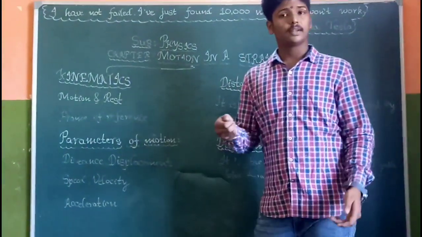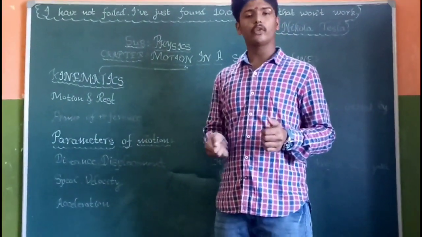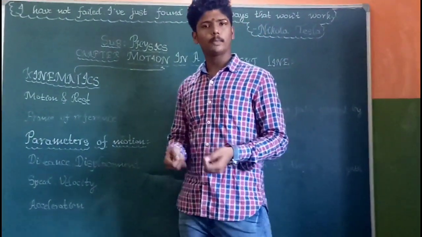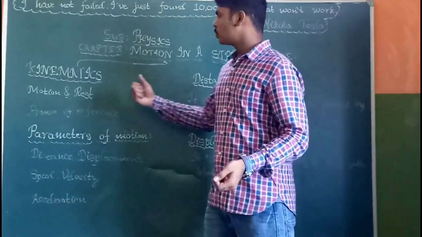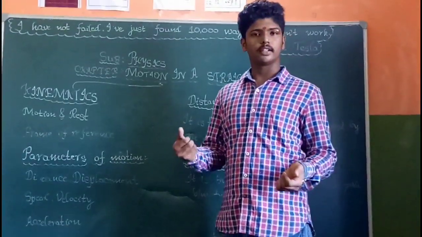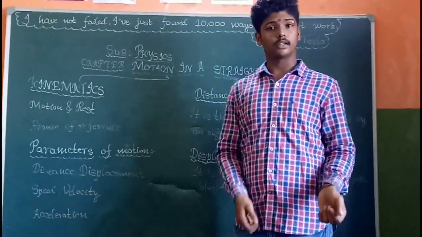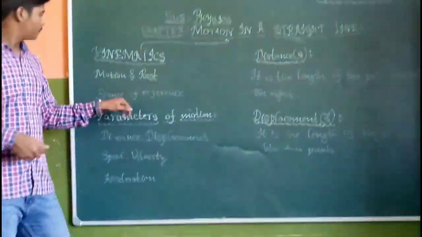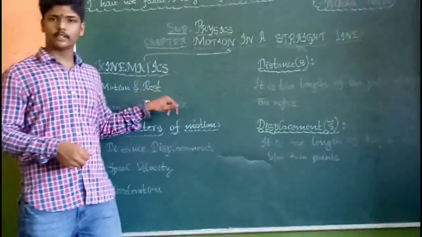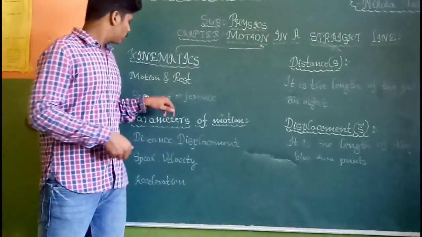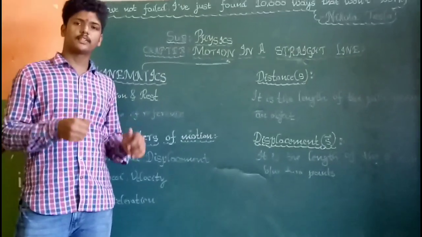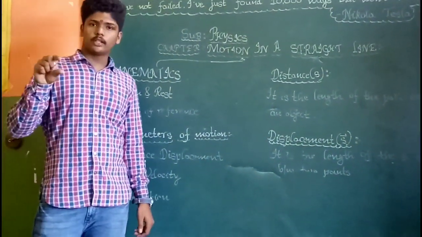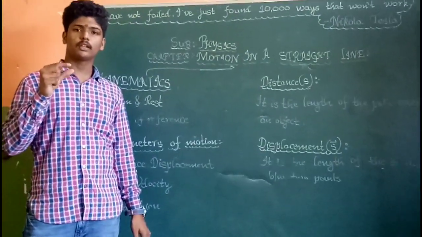As mathematics is the language of physics, we have to express everything in mathematics. Which topic in mathematics will show the change in distance, etc.? Yes, the coordinate system. We have chosen the coordinate system to represent motion and rest. The coordinate system comprises the x, y and z axes.